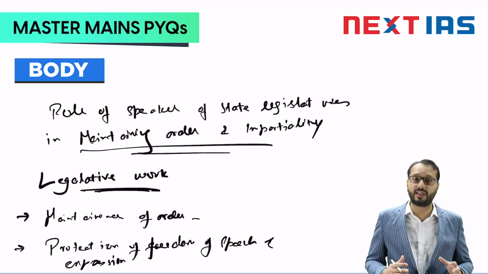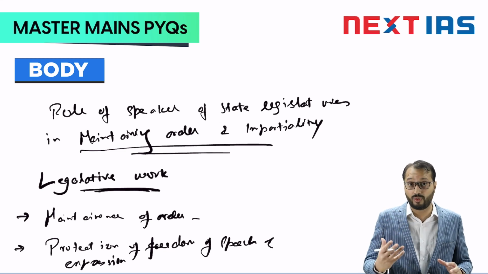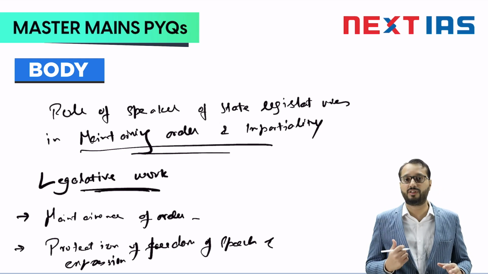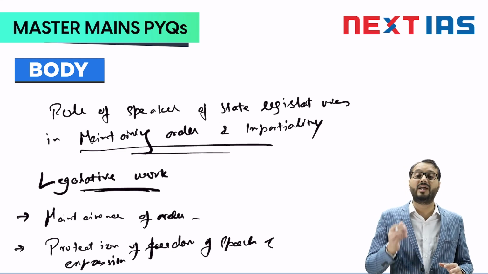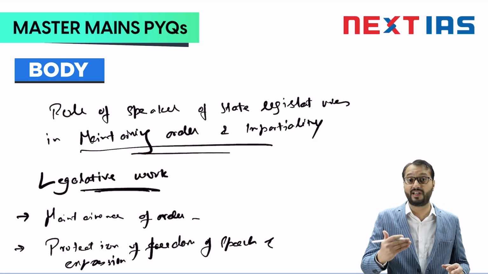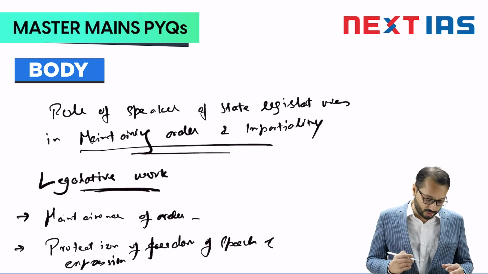In this way they perform a very important role as far as legislative work is concerned, because one of the core functions of the parliament or the state legislature is deliberation and discussion, right. So they facilitate everything to uphold this role.